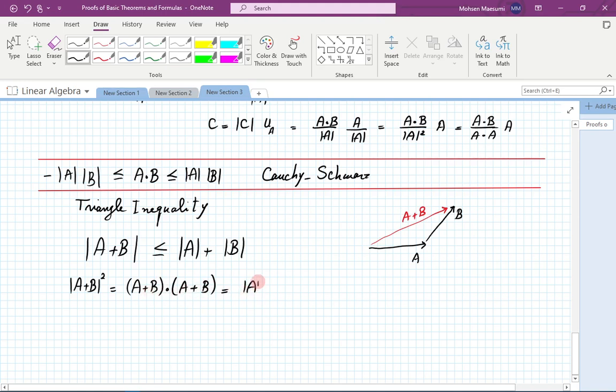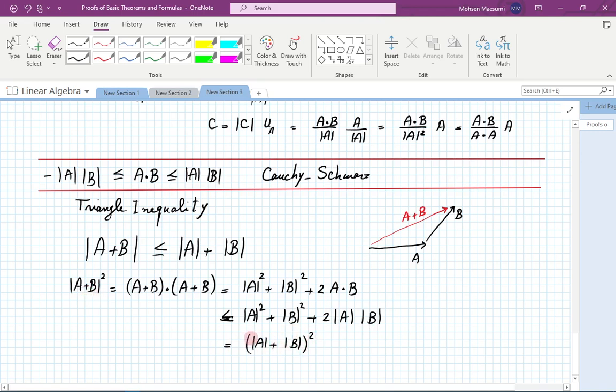A dot A is the same as A squared, B dot B the same as B squared, and A dot B and B dot A are the same thing, so I write it as 2A dot B. Now 2A dot B is less than or equal to twice the length of A times the length of B, so I copy A squared plus B squared, and this is less than or equal to that, because I'm replacing it by the length of A times the length of B. Well, now you know from your high school algebra, this is simply the length of A plus the length of B, the whole thing squared.